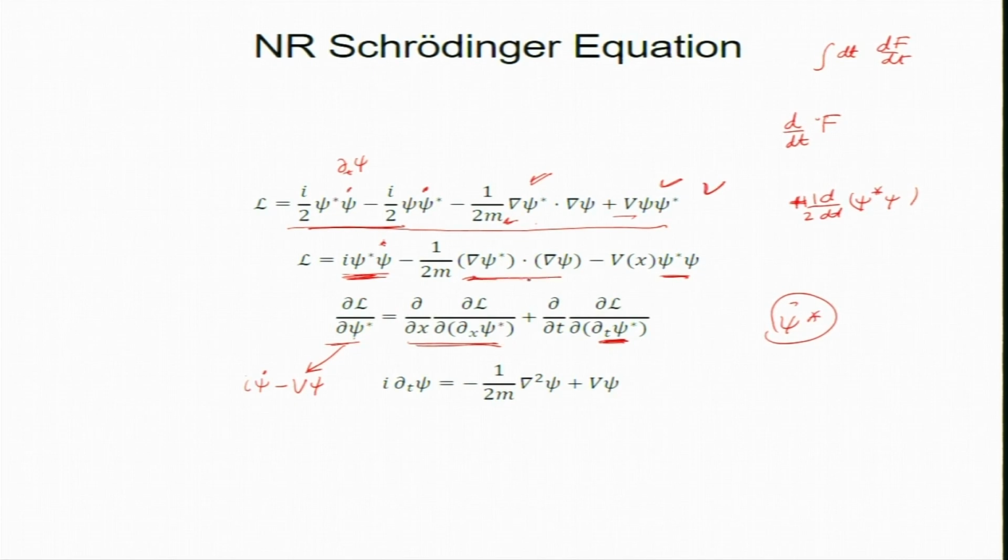It will come from partial derivative of L with partial psi star x. So, that will give me grad psi or d by dx psi by this object, and I take another derivative, I will get that. So, this term gives me minus half 2m grad square psi. So, this equal to that, and that is this equation. So, this is Schrodinger equation for field psi. Lagrangian is this, and we need this Lagrangian in future.